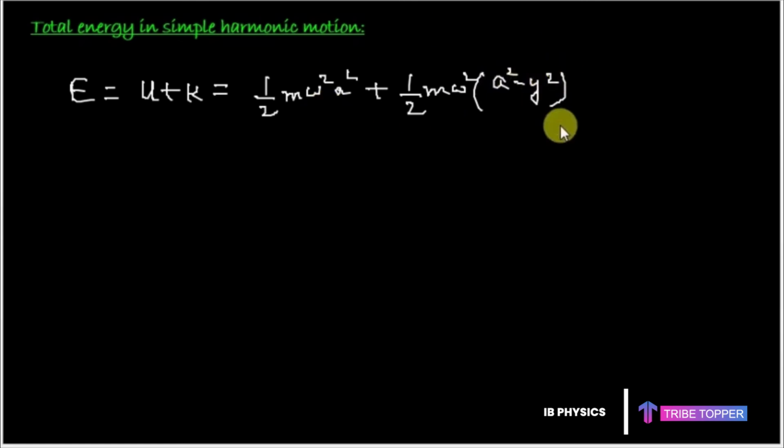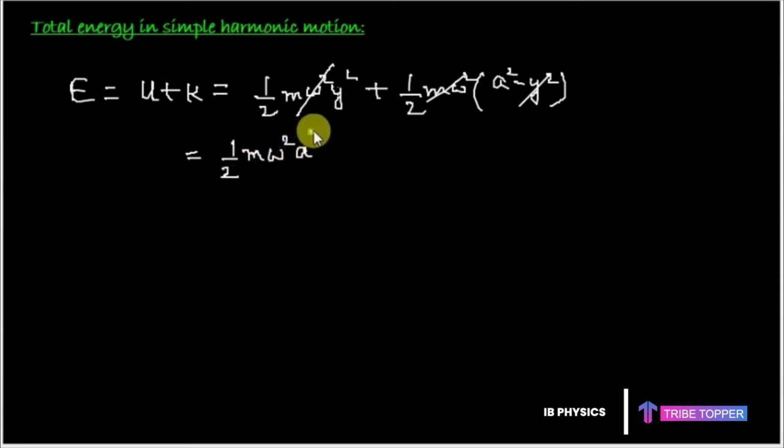And when we open up this bracket, we would get energy as half m omega square y square plus half m omega square a square minus half m omega square y square. And when we add them, this is positive and the term we get here will be negative. Half m omega square y square would cancel out, so your net energy turns out to be half m omega square a square.